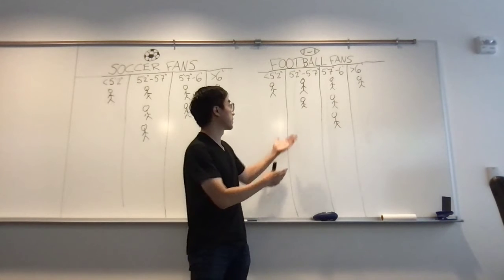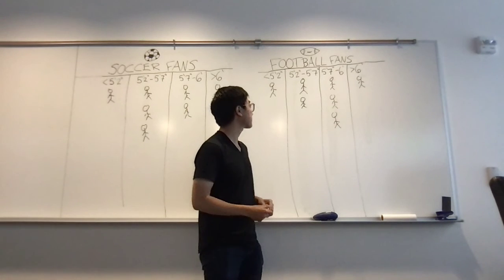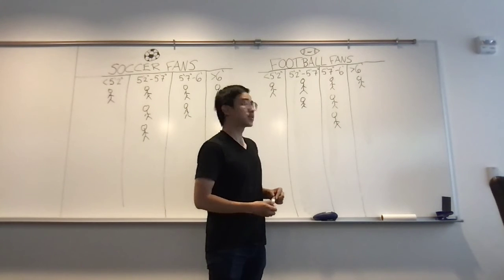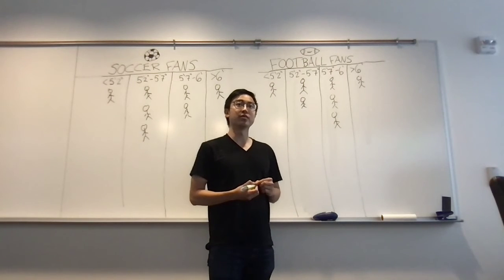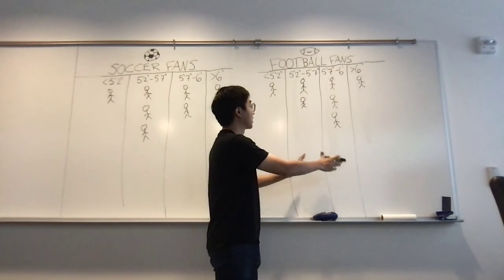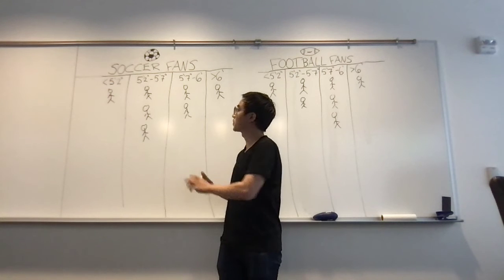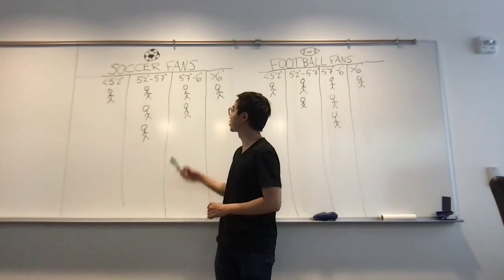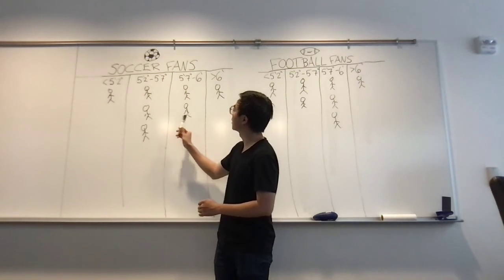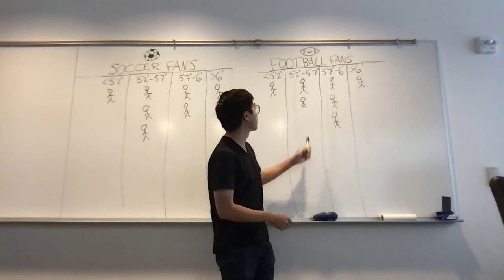So as an example, you might see a distribution like that. At this point, you want the students to pay attention to the difference between these two distributions. You might see, for example, that the soccer fans seem to be on average slightly shorter than the football fans here.